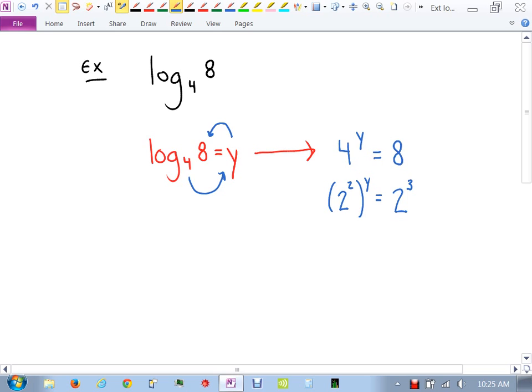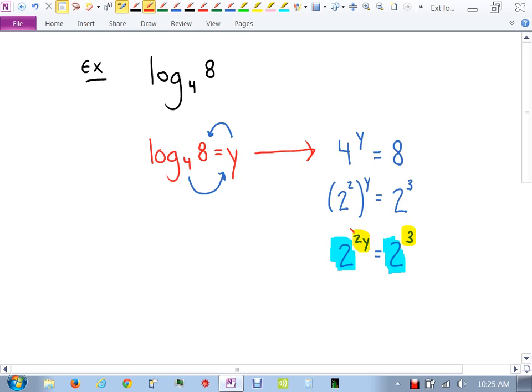Now, how can I rewrite the left side? 2 to the 2y equals 2 to the 3. Now you have the same bases, 2 and 2, and then the powers, 2y and 3, so those two must match, right?